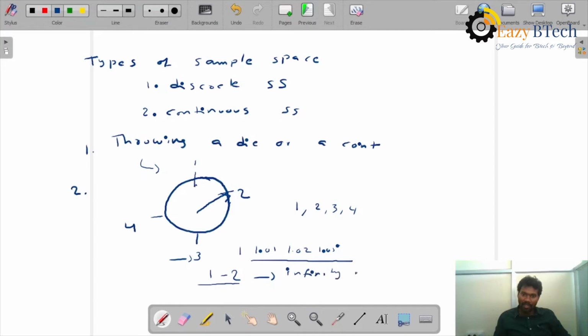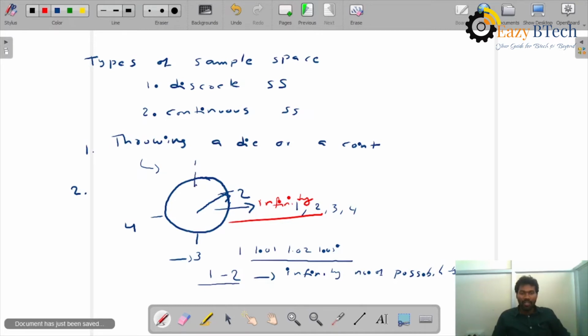So the number of outcomes in the case of a continuous sample space is infinity, whereas in the case of a discrete sample space the number of outcomes is limited. This is briefly about the sample space.